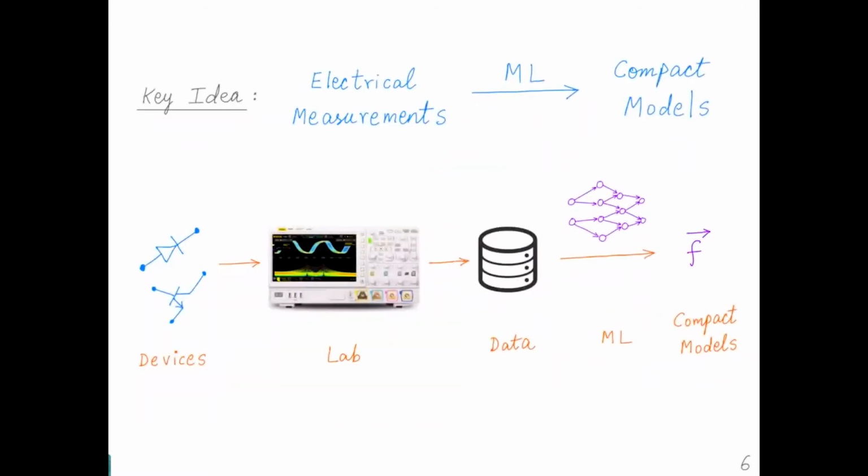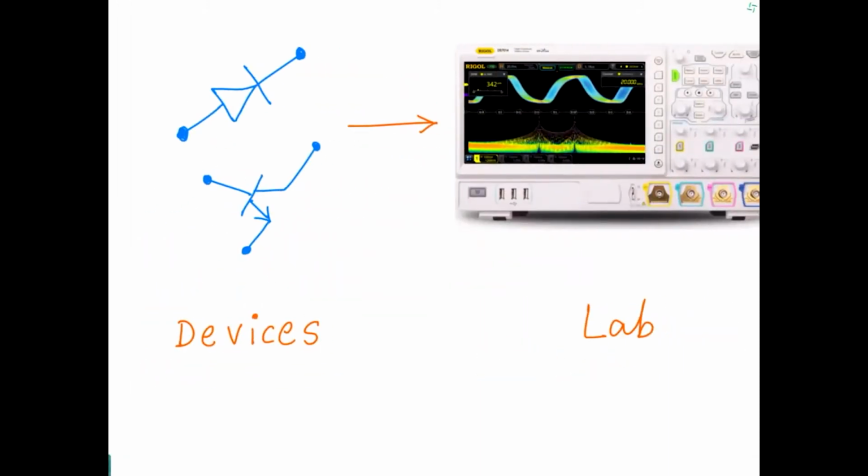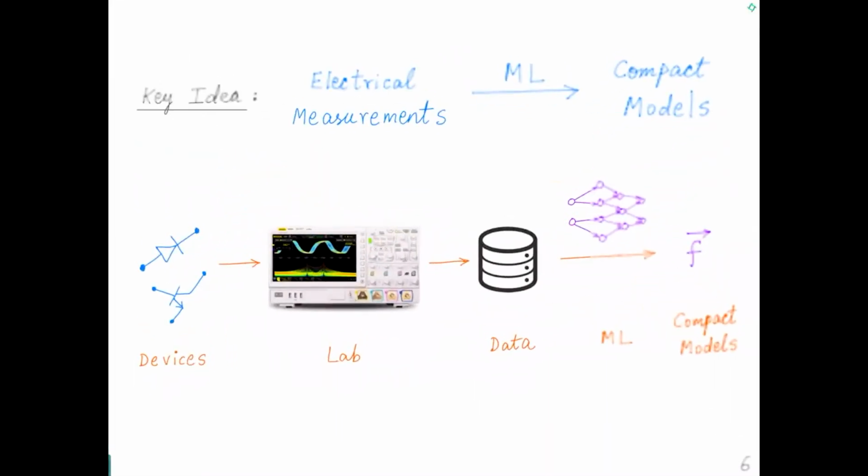In this project, what we essentially want to do is use machine learning to try and develop these compact models. The way that's going to work is we have a large number of devices in the lab. Let's say we have 100 transistors or 100 diodes. We can apply whatever voltages we want across the terminals of these devices and measure the resulting currents.